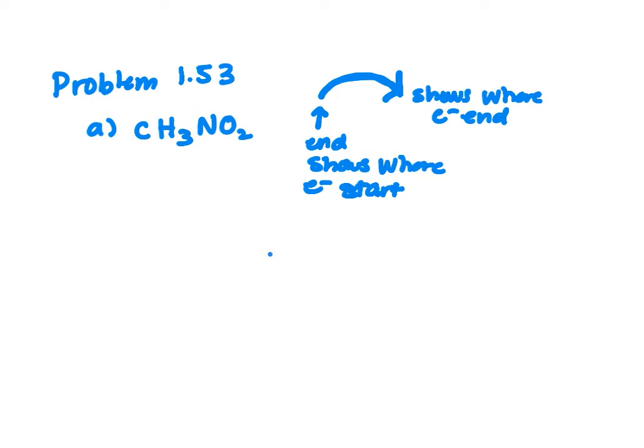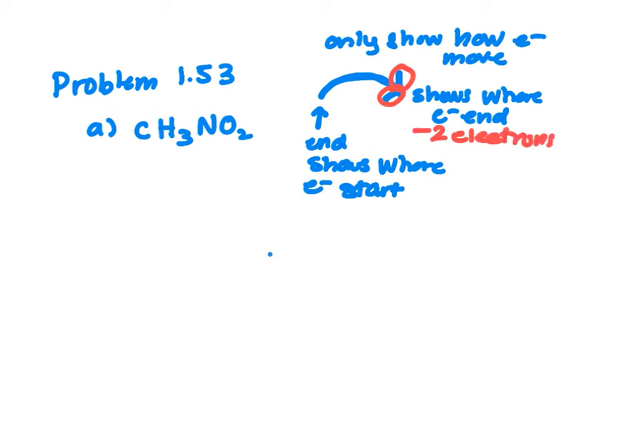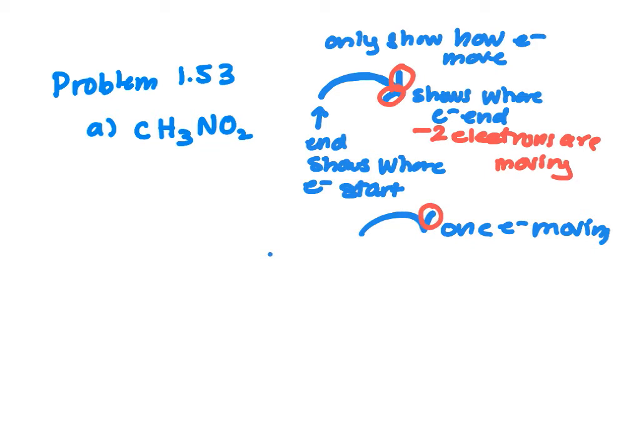You also have to know that these arrows only show how electrons move. The last thing I want to point out about this arrow is that because there are two hooks on the end, it means two electrons are moving. I'll draw an arrow where you only have one electron moving. So this would be one electron moving because there's one hook on the arrow. So again, these arrows are only showing electrons.